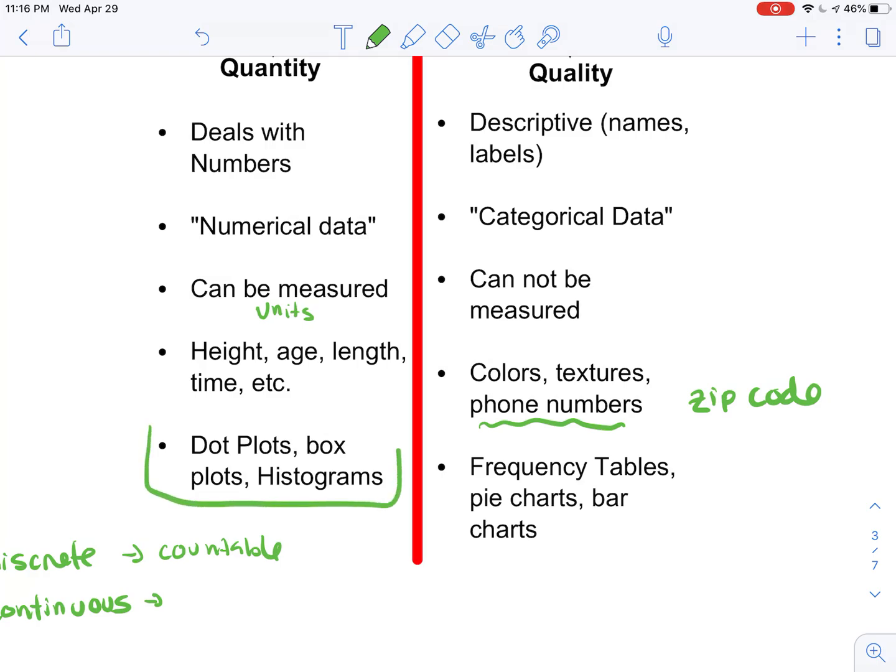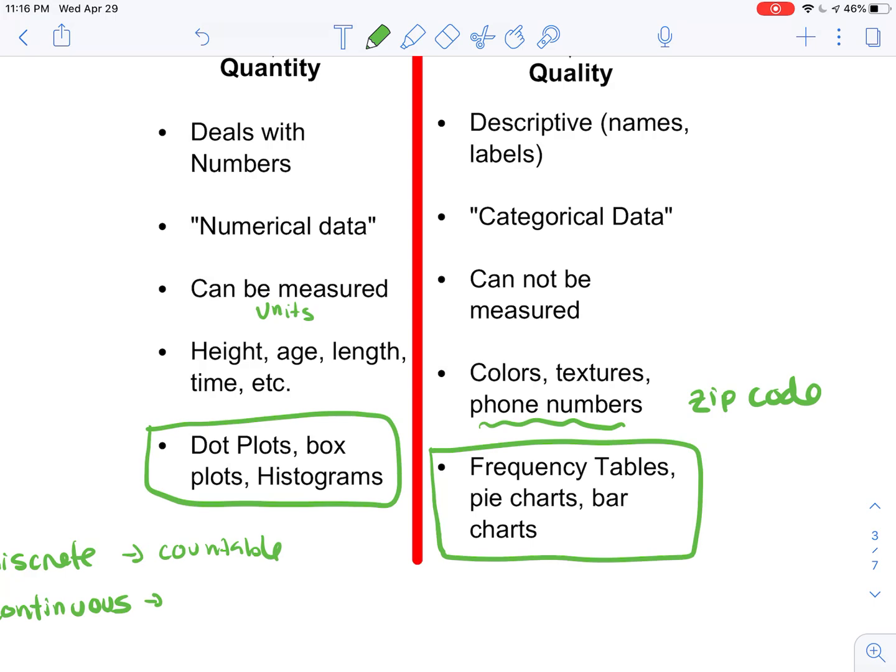Now, in terms of ways that we can represent this data, we're going to be looking at an assortment of tables and charts throughout this section. But certain tables and charts are more suitable to quantitative data versus qualitative data because of the way that they're represented.